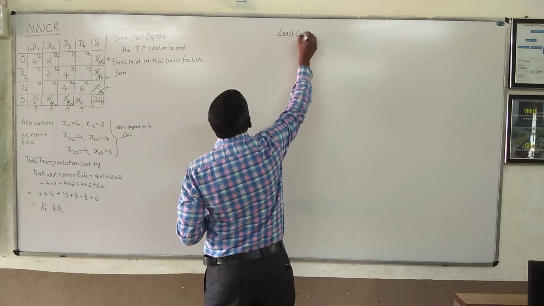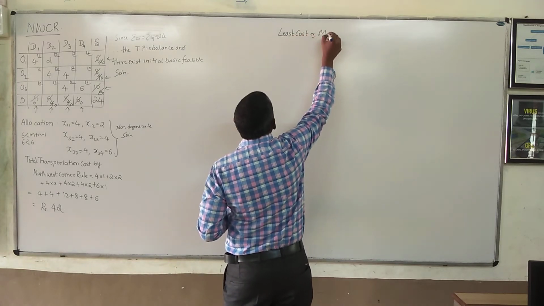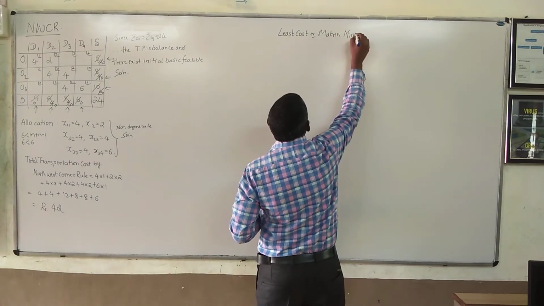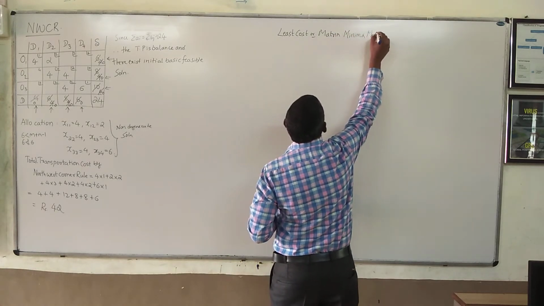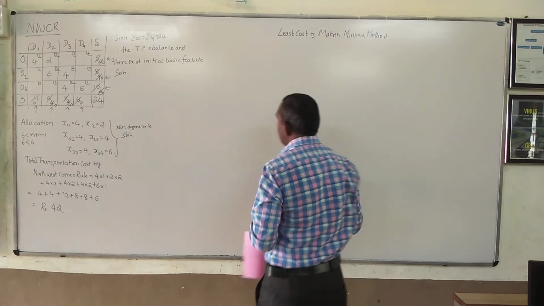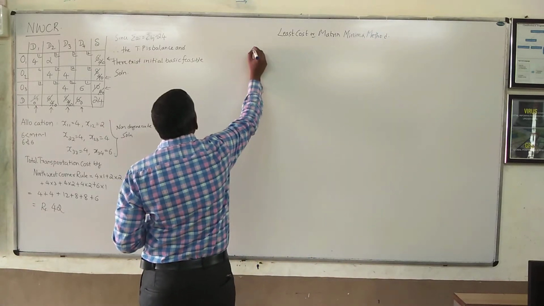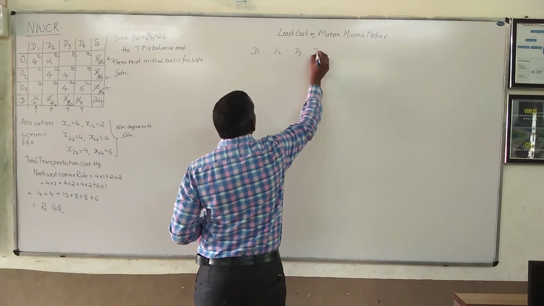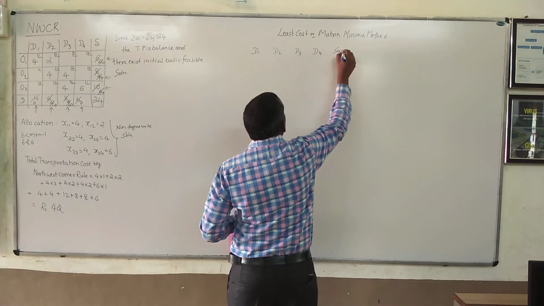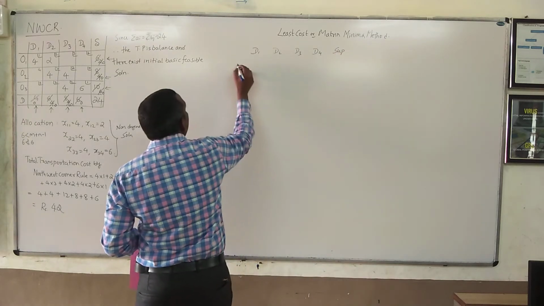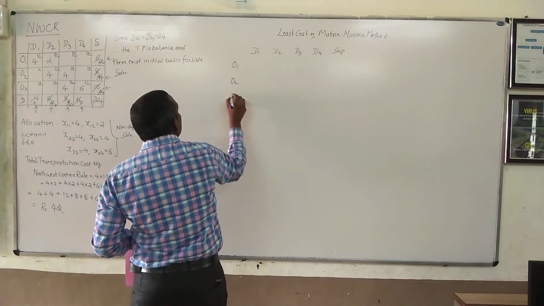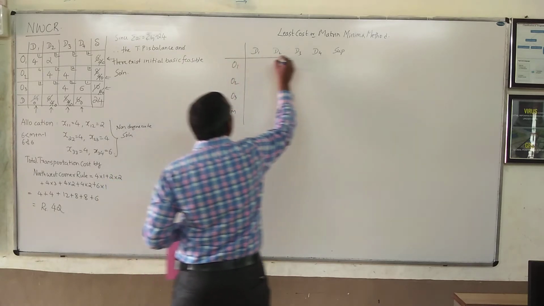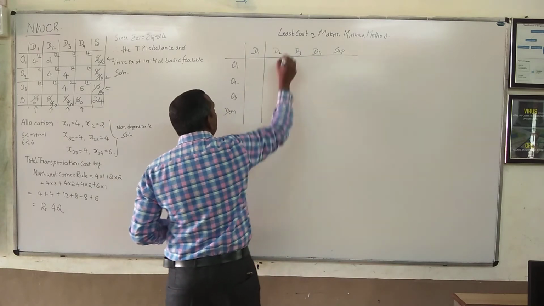Fine. So now we try it by the least cost or matrix minima method. Again, let me draw the table here. That is D1, D2, D3, D4, supply, followed by O1, O2, O3, followed by demand.